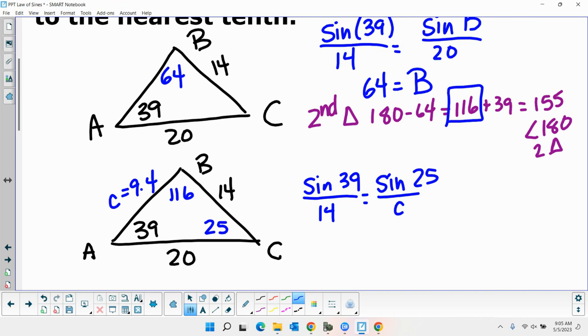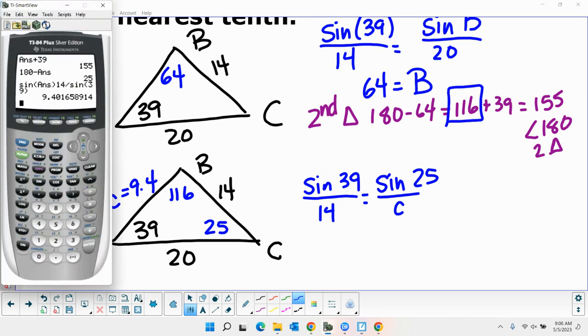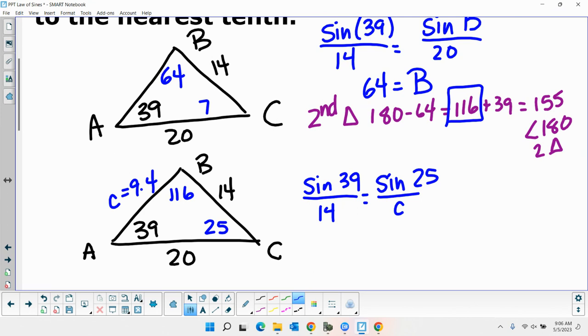So now I'm going to go back and finish this angle C and this side C. Okay? So I'm going to go 64 plus 39, and 180 minus that. 77. And then I'm going to find that side.